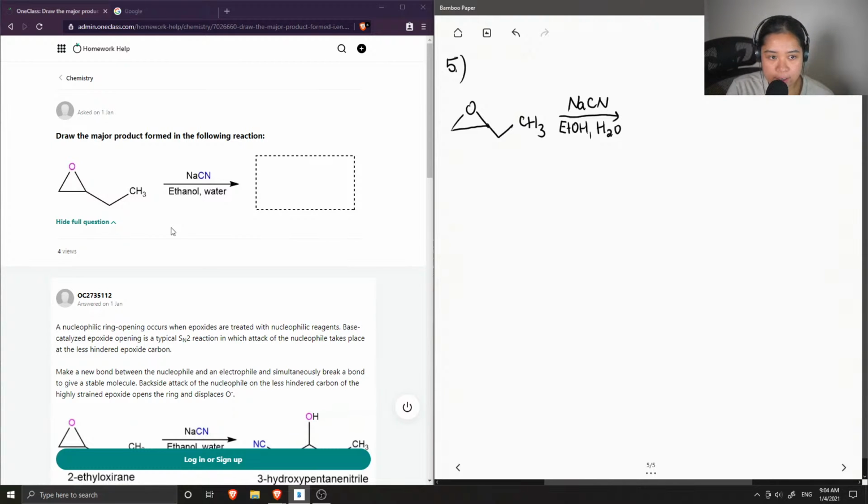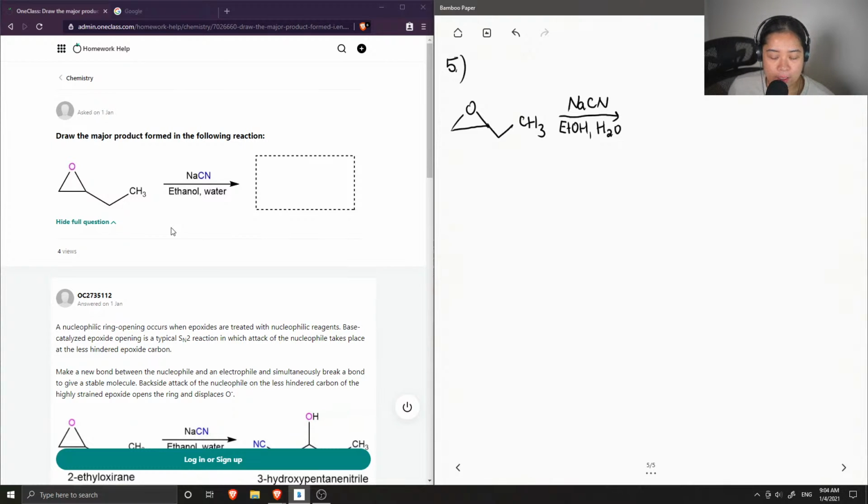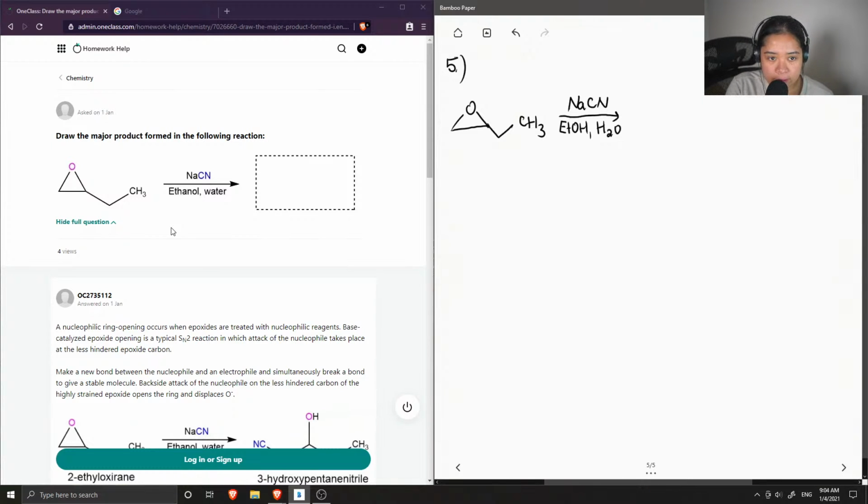Okay, so let's analyze what we have given for this reaction. We have this epoxide ring, which are generally pretty strained and easy to break, so that's one thing to note. And we have sodium cyanide, which is a strong base and is good to act as a nucleophile.